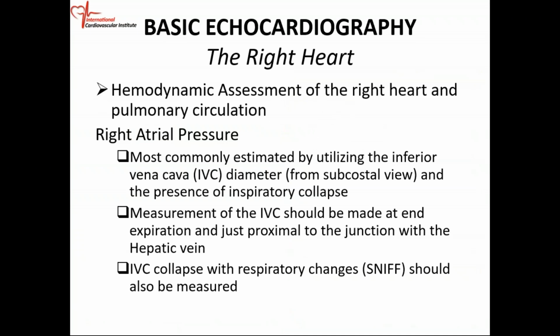Now, when we did hemodynamics, we went over hemodynamics of the right side as well, the right heart, and we talked about the tricuspid, the TR gradient, okay, the gradient across the tricuspid valve, and if we add to the gradient the right atrial pressure, then we'll get the right ventricular systolic pressure.